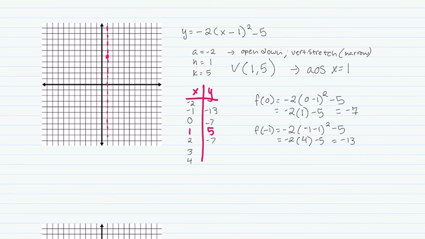Now I can reflect those, and I should have enough to go ahead and graph it. It's 5 points. So (0, negative 7), (2, negative 7), and then those are going to be really off the graph. That one's a little bit tougher to graph because it is extremely narrow.